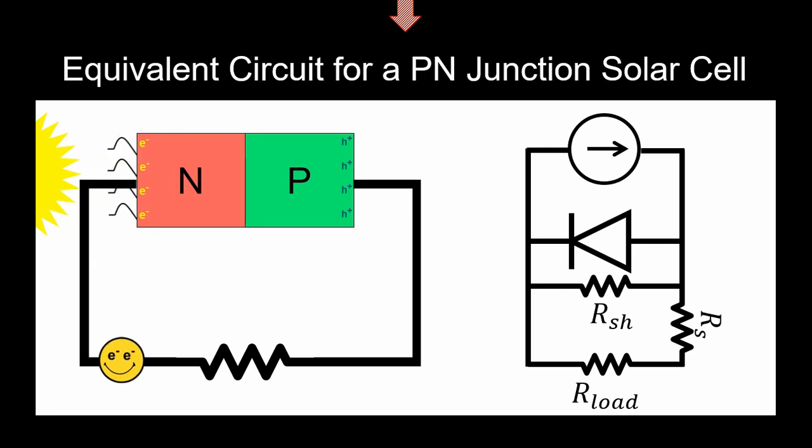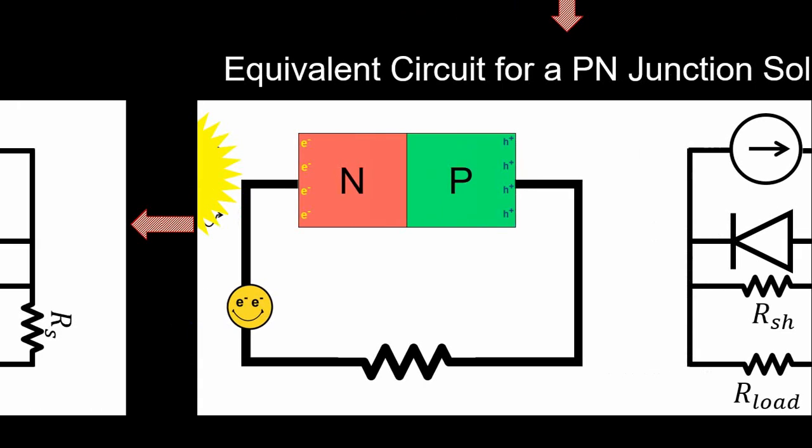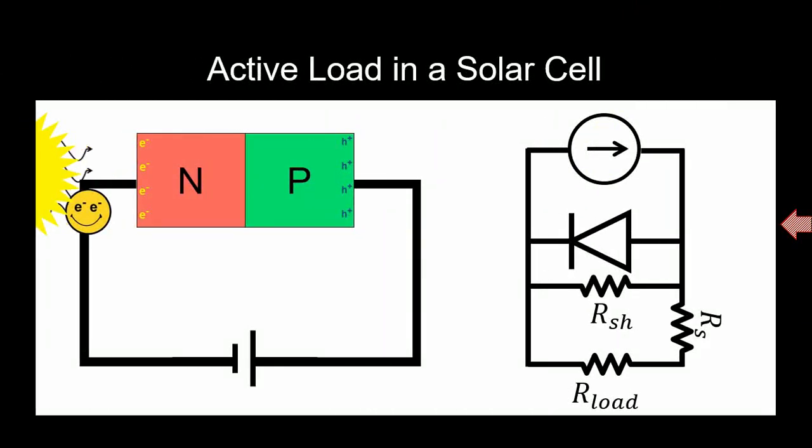So, in the equivalent circuit, that also should be there. This is a complete, or I would say, first order equivalent circuit for a PN junction solar cell. If you want to simulate it in NI Multisim, or say if you want to actively measure current voltage characteristics of a PN junction solar cell, then you need to replace your load resistance with an active voltage source.